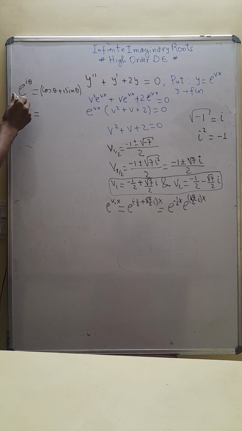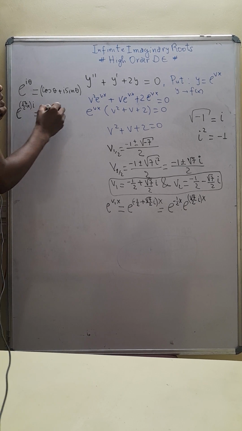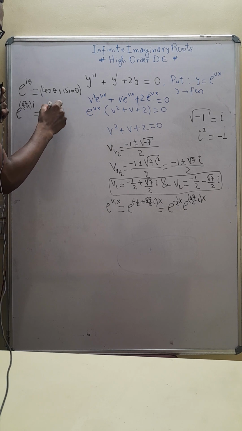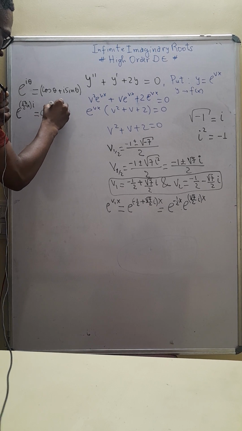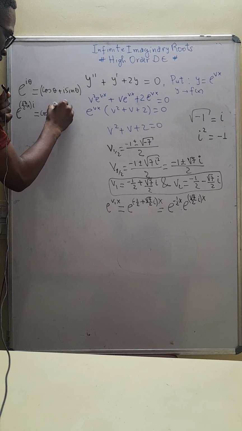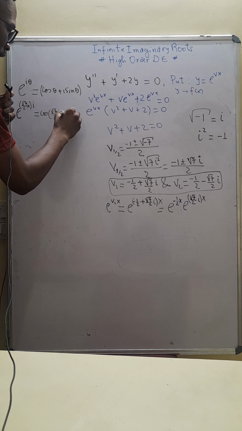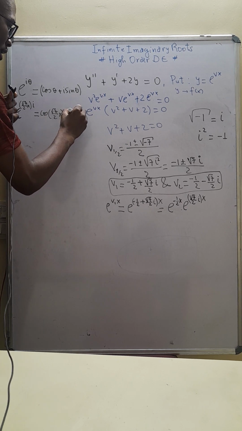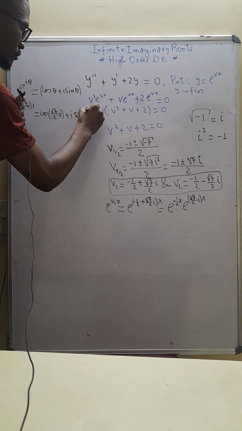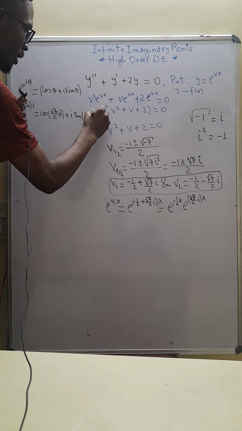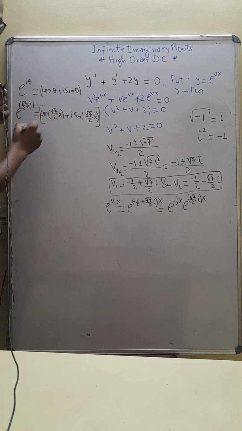So you can just write here like this: root 7 by 2x and I here. So it will be equal to cos of root 7 by 2x, plus I sin of root 7 by 2x.